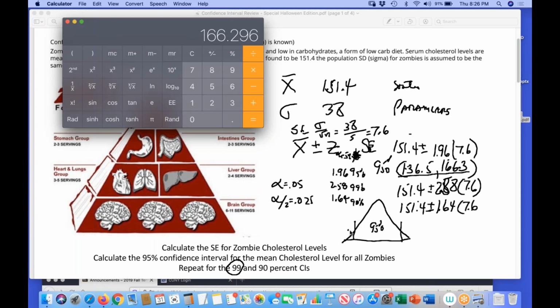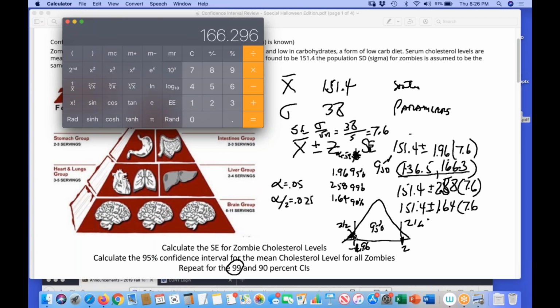Okay, so this is 2.5% on this end and 2.5% on this end. As it happens, from the empirical rule, we knew this was a z-score of -2 and +2 standard deviations. But actually, in real life, the empirical rule was just an estimate. It's really 1.96.